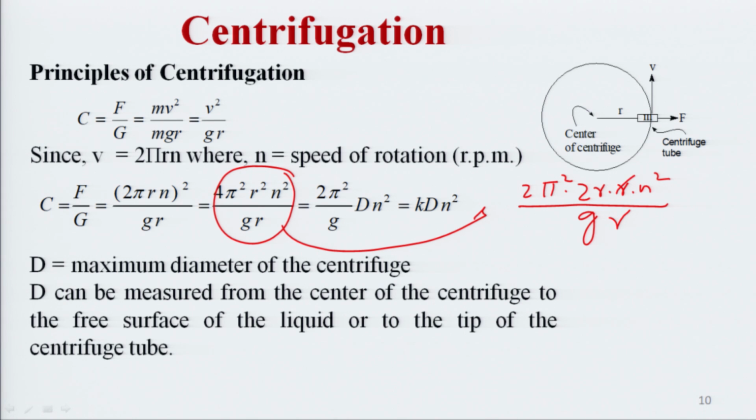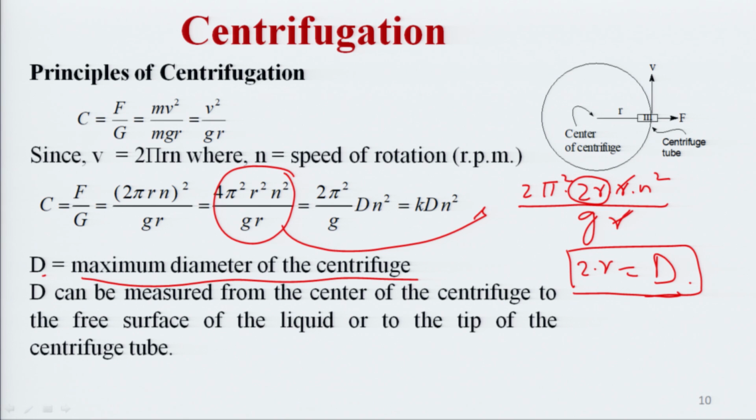From here r is cancelled, and 2 r, that means 2 into r, is equal to D. D is equal to the diameter of this rotation, the maximum diameter of the centrifuge.